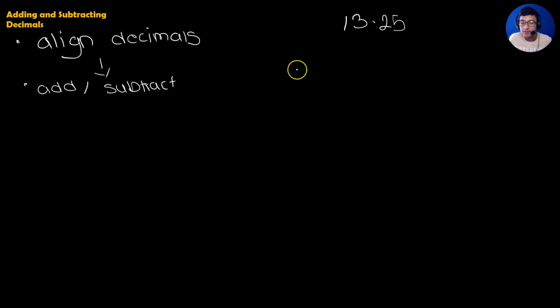First we align the decimals, so it's easier for us to add or subtract. So 14, and then the decimal aligns, point, and then whatever comes after that, 0.72. So now it's addition. So now we just simply add or subtract.